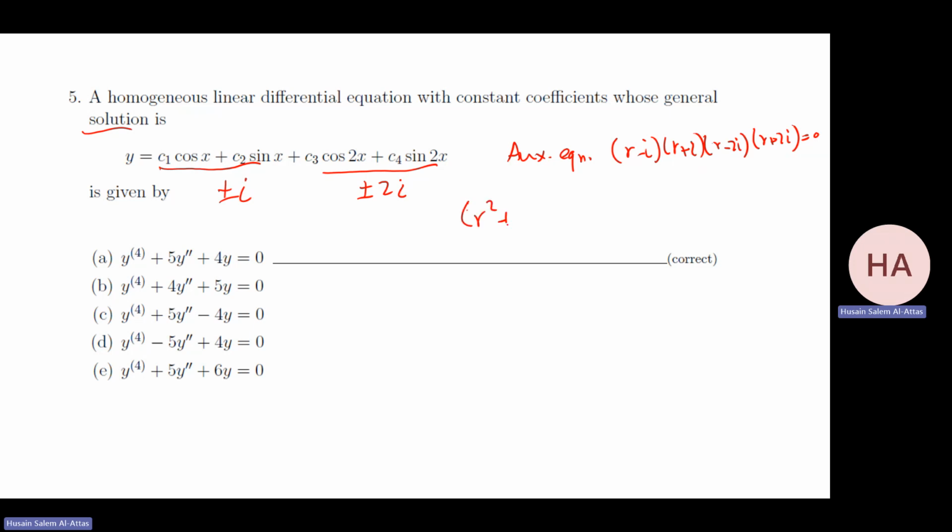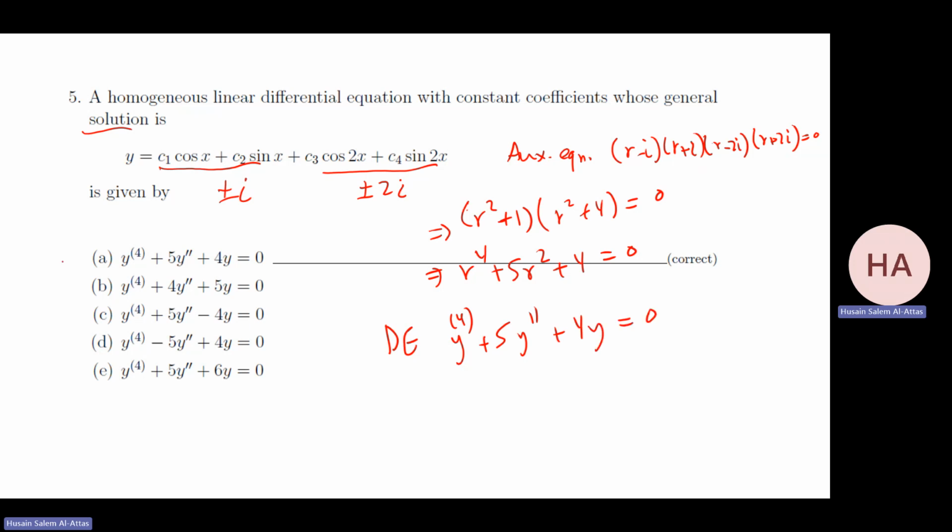So you have r squared plus 1 times r squared plus 4 equals 0. So I have r to the power 4 plus 5r squared plus 4 equals 0. The differential equation will be the fourth derivative plus 5 times the second derivative plus 4y equals 0, which is this one.